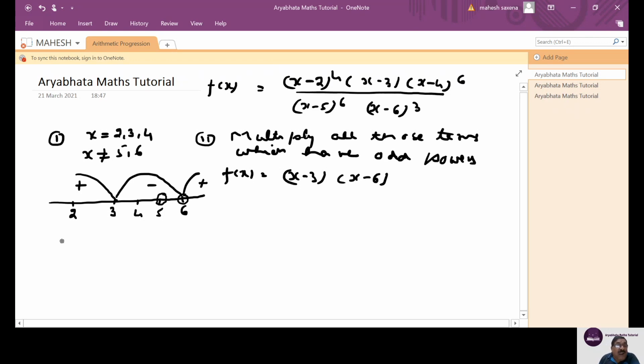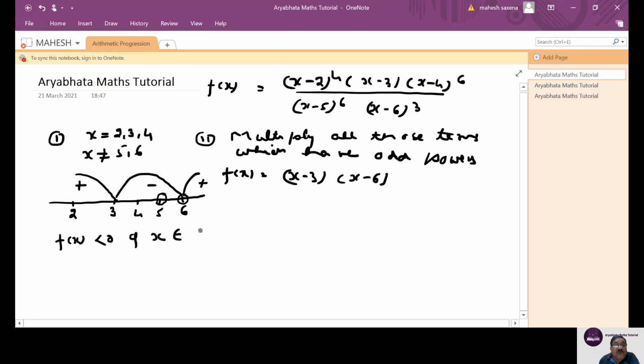Now, f(x) should be less than 0 if x belongs to, here it is the negative sign. Therefore, x will be in this region. First, x will be between 3 and 4, but 4 cannot be considered, 3 cannot be considered.